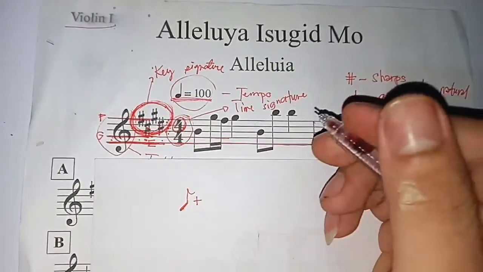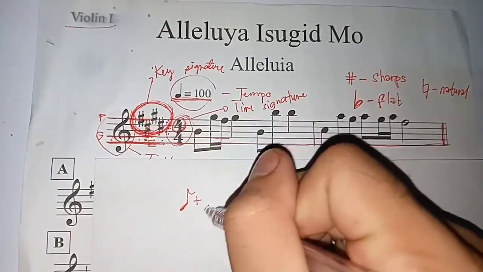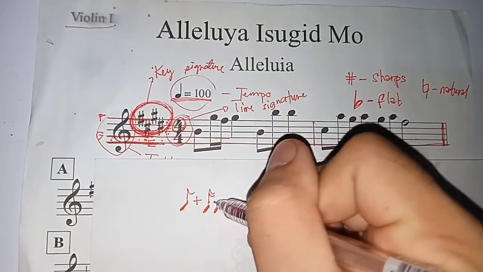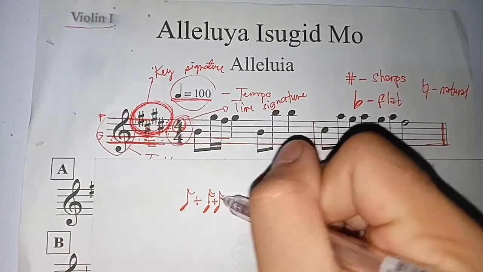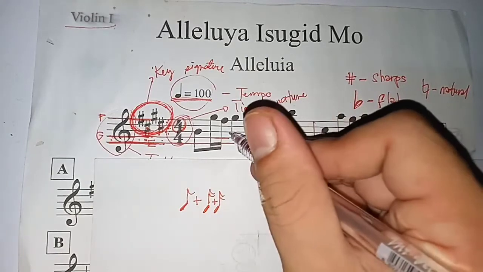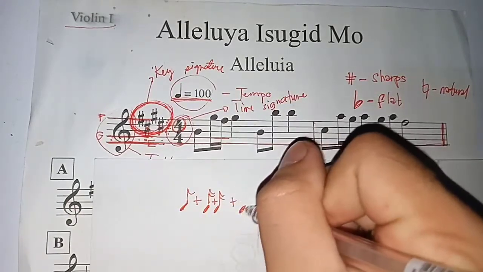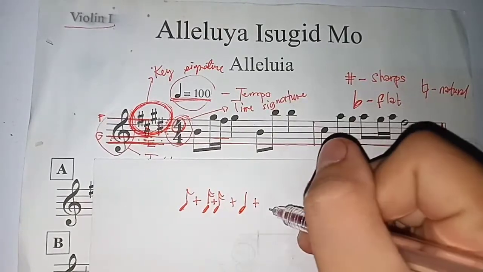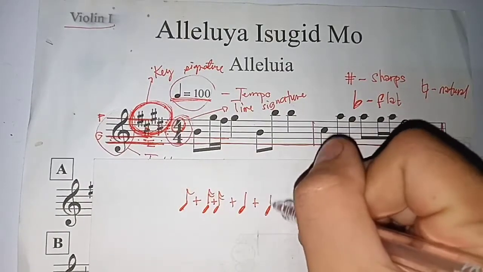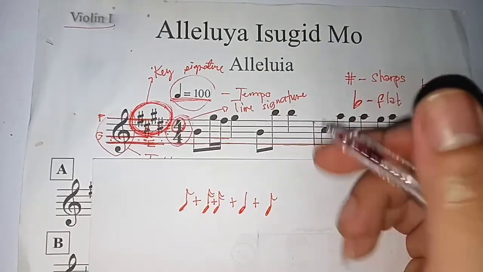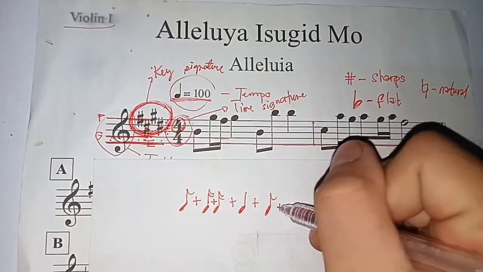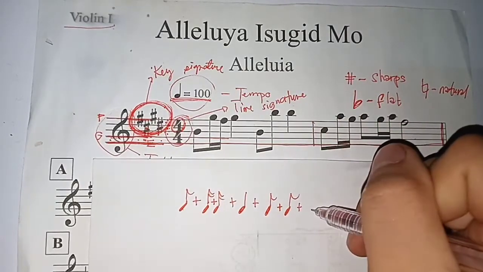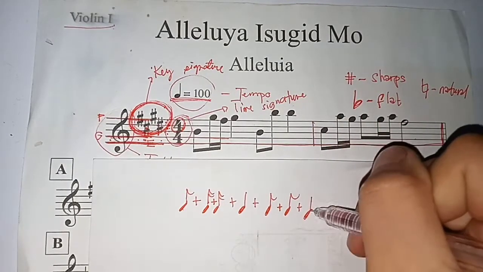Plus we have a 16th note with 2 tails, plus another 16th note, plus a quarter note, plus an 8th note, plus another 8th note, and plus a quarter note.